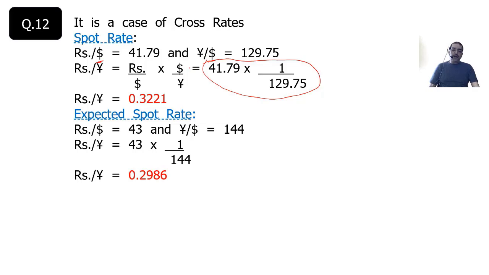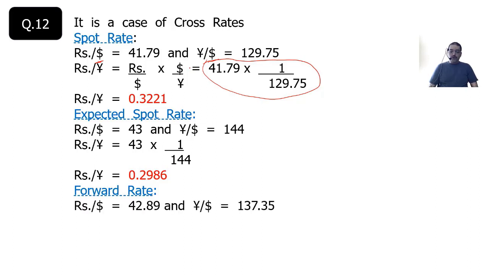Then I calculate forward rate. Rupees to dollar, yen to dollar. So rupees to yen 42.89 into 1 upon 137.35, reciprocal.